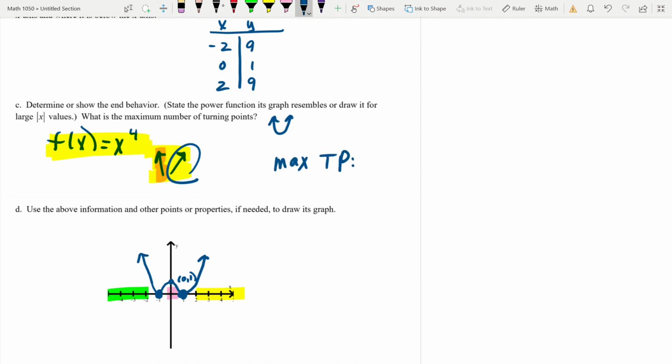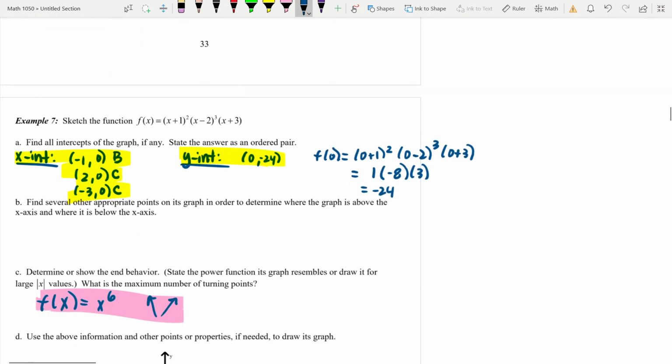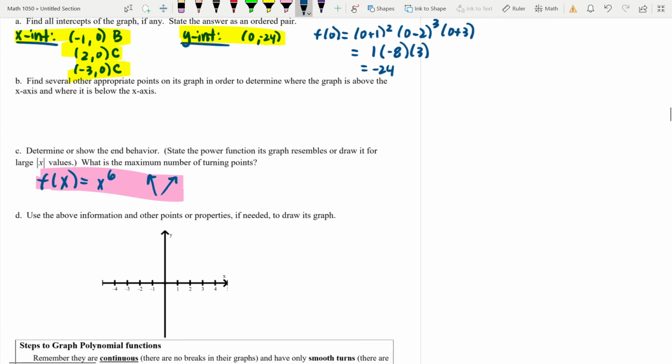Maximum number of turning points. You tell me this one. 3. Yeah, biggest exponent's a 4. Subtract 1, you get a 3. Okay, let's come back to the one we're doing. And let's go maximum number of turning points. You tell me. 5. You just have to remember it, right? It's easy. You just remember it.